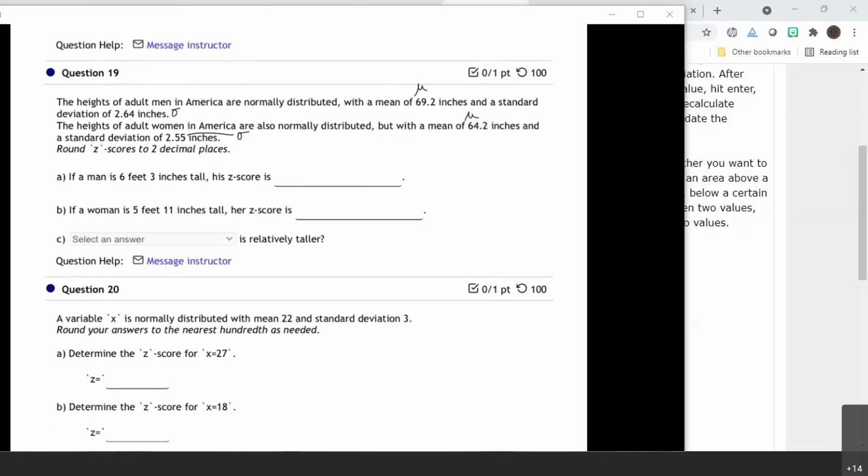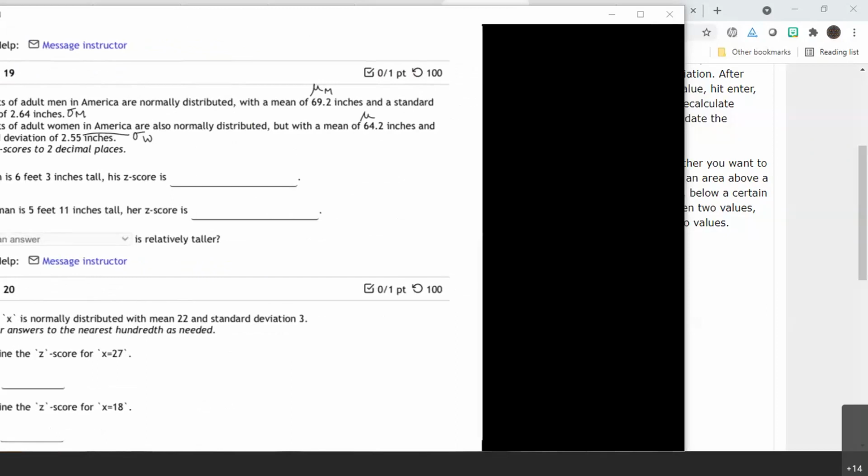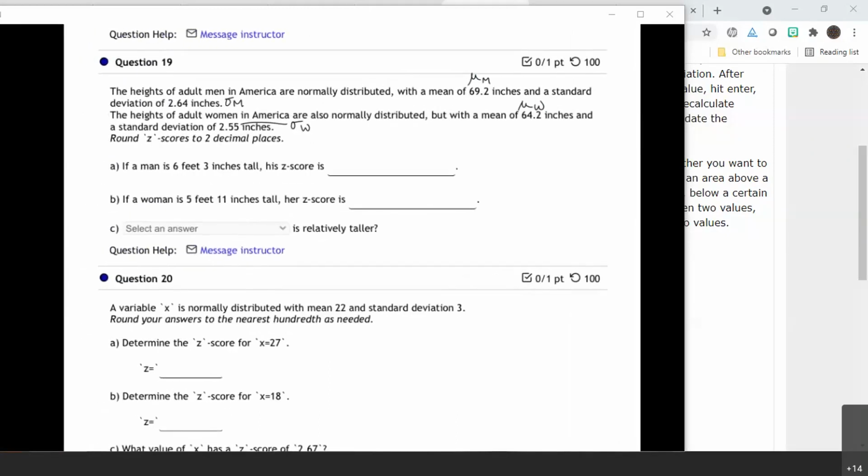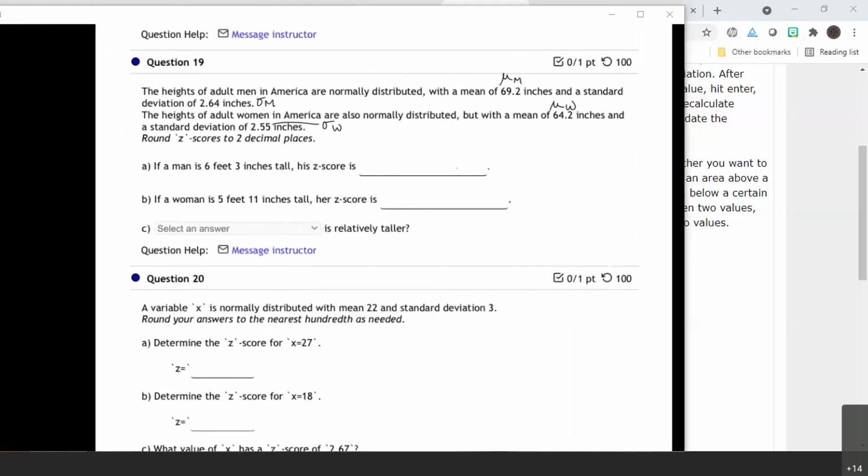I'm using an M to denote the statistics for men and a W for women. If a man is 6 feet 3 inches tall, use an online calculator to convert it to inches. Six feet is 72 plus 3, so he's 75 inches tall.